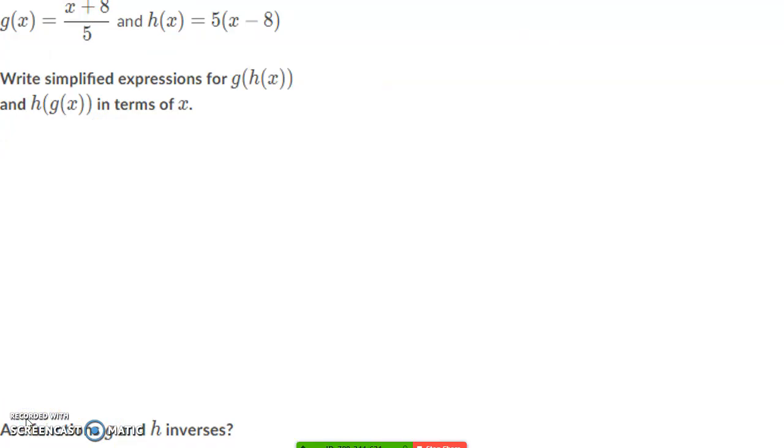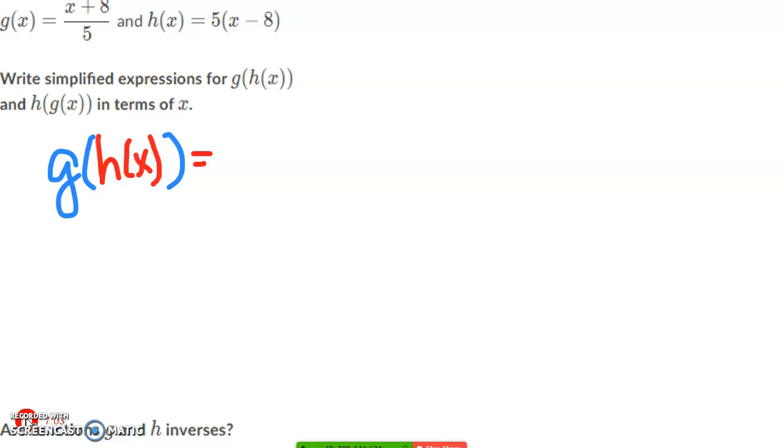Okay, here are two more functions, g of x and h of x. So I'm going to first find g of h of x.